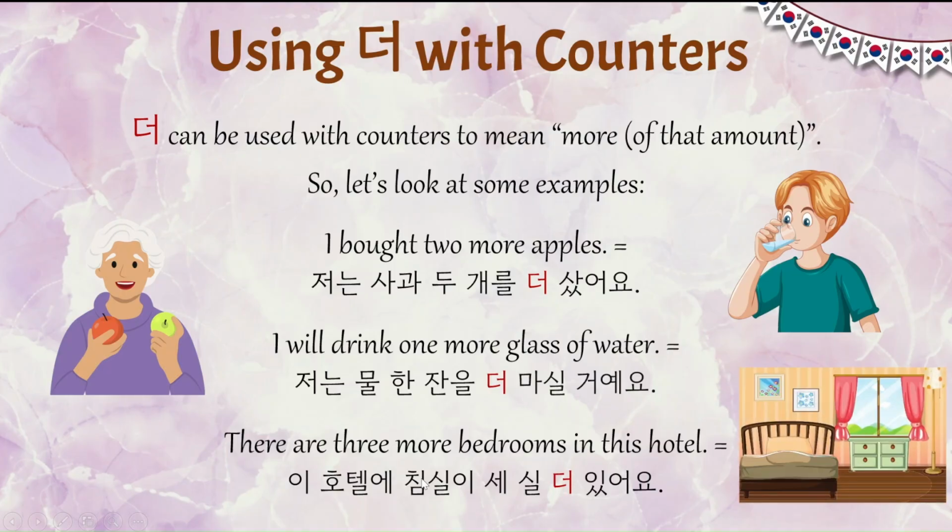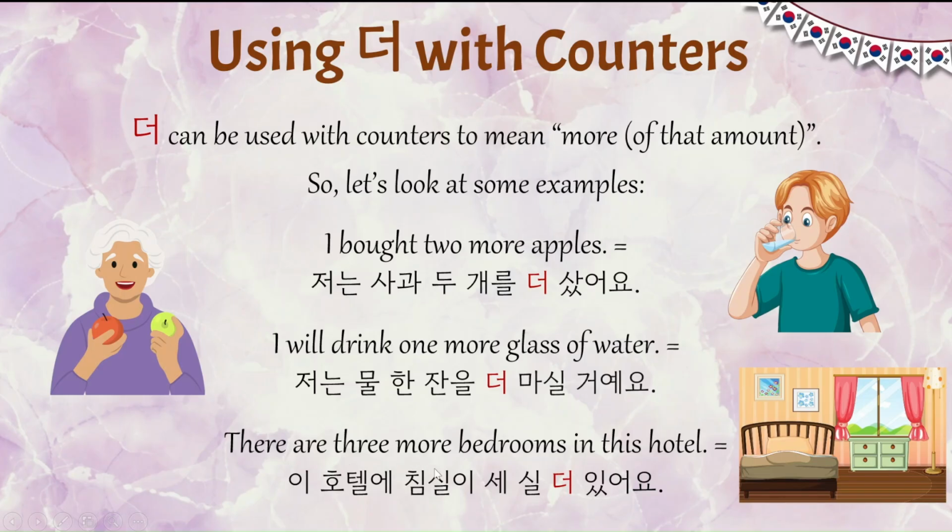There are 3 more bedrooms in this hotel. 이 호텔에 침실이 3실 더 있어요. 이 means this, and hotel is a loan word, so it is written like this in Korean. Bedroom, 침실. 3 bedrooms, 침실 3실.